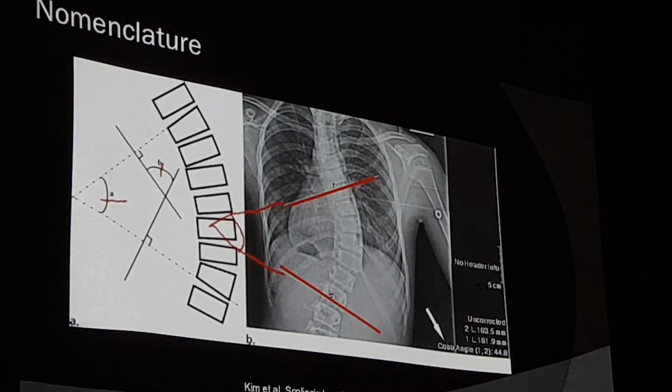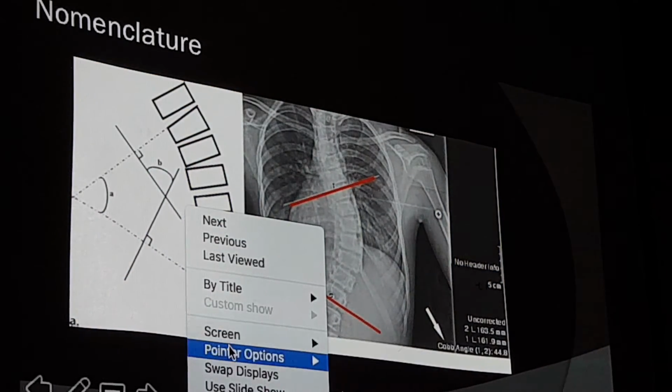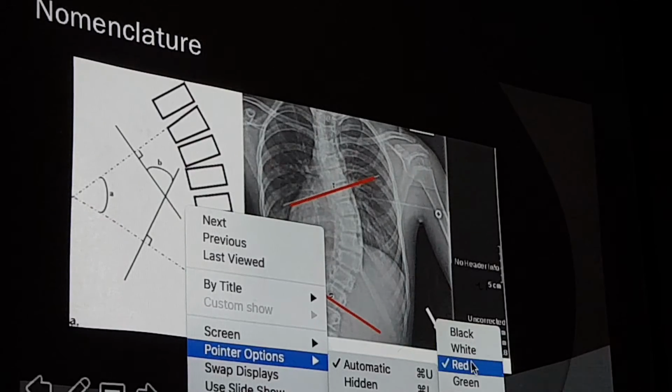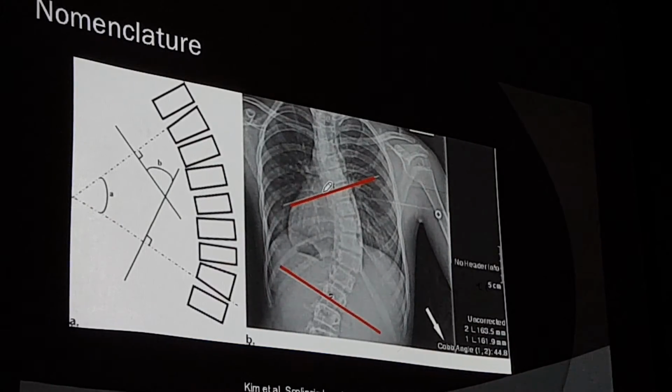Draw your line. Draw a 90 degree, draw one line perpendicular to that, get this angle. That's your Cobb's angle. So basically that's it. It's as simple as that.